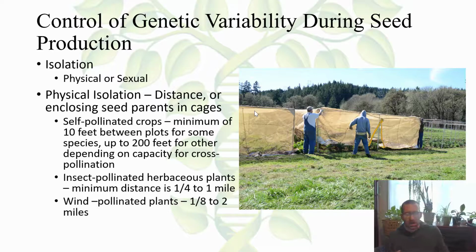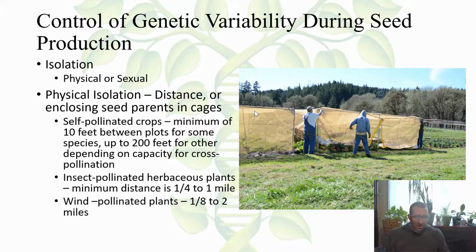So 10 feet is a minimum, up to about 200 feet for some that have a little bit more cross-pollination. For our insect-pollinated or wind-pollinated plants, we need a much greater distance, right? Because with them, we have to make sure that these insects or wind are not going to carry pollen from one population to the other, and so we need to space them further apart.